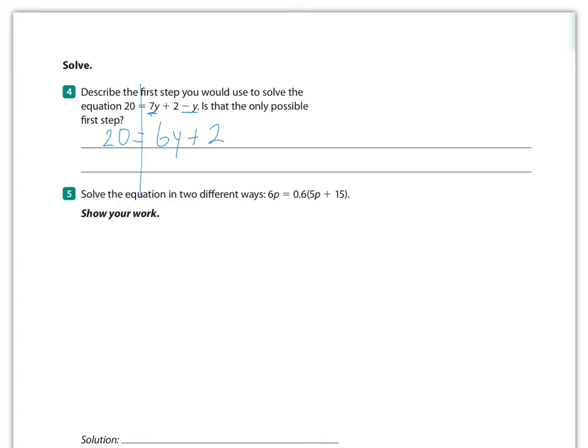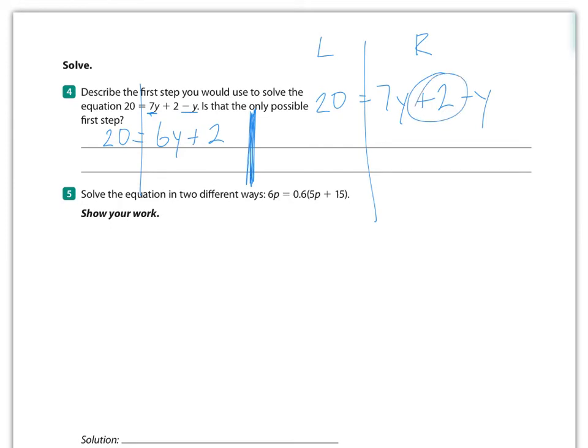Is that the only thing that we could have done? No, that's not the only step that we could have done, right? Not in the least. So okay, there's one way. Here's another way. If we leave the variables just like they are, I know at the end I'm going to get all the variables onto the right side here, and I know all my numbers need to go to the left side.